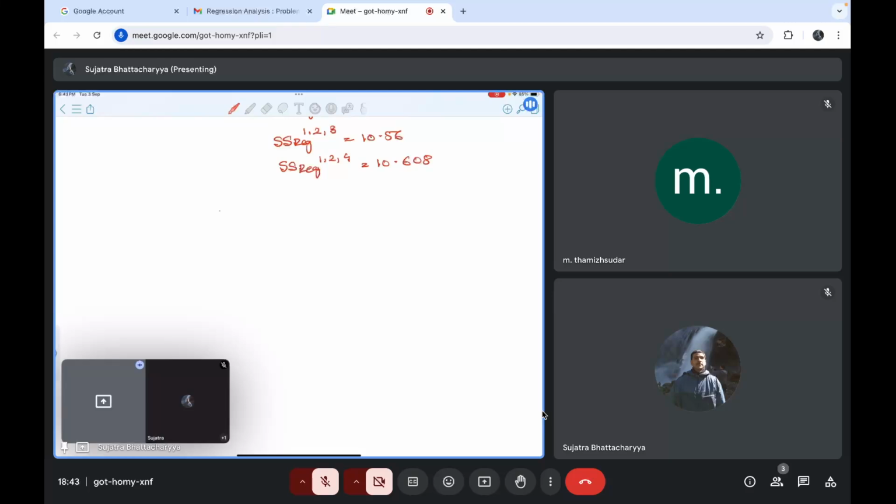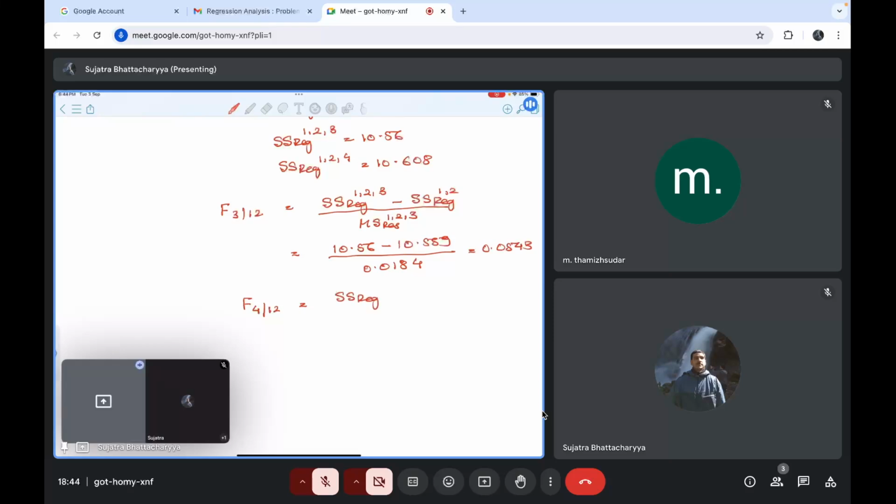And now just the definition. F of 3 in the presence of 1, 2 is SS regression 1, 2, 3 minus SS regression 1, 2, divided by MS residual 1, 2, 3. Putting the values, we get 10.56 minus 10.559, which will remain fixed, divided by 0.0184. This is 0.0543.